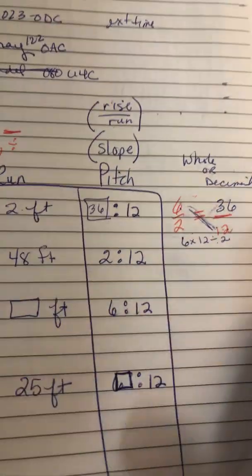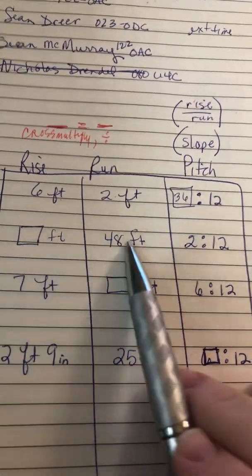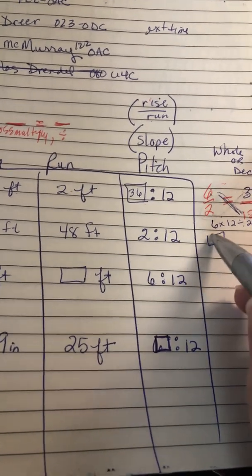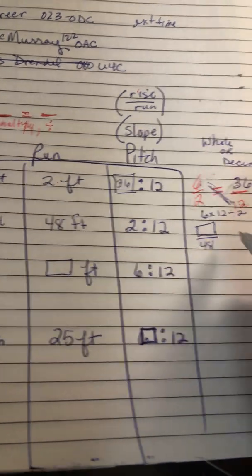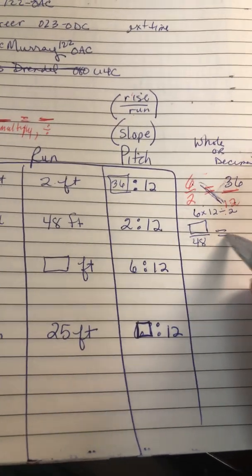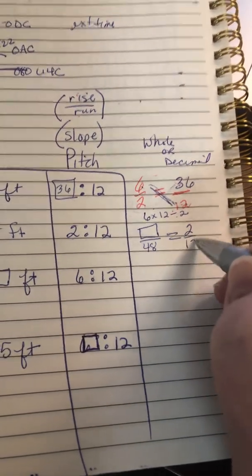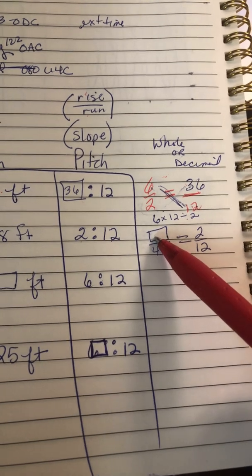And we can do all of the rest of them the same way. So here we don't know the rise, but we do know the run. So it's going to be a blank over the run of 48. That's rise over run, and that's going to equal this rise over run, which is 2 over 12. Now to find this missing number, we do what we did up here.